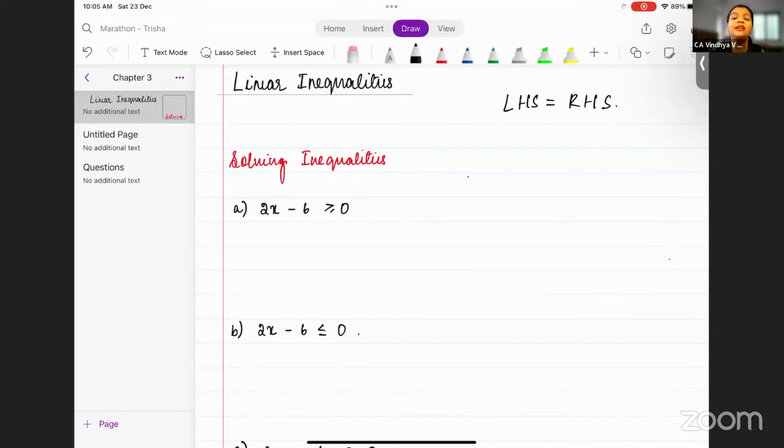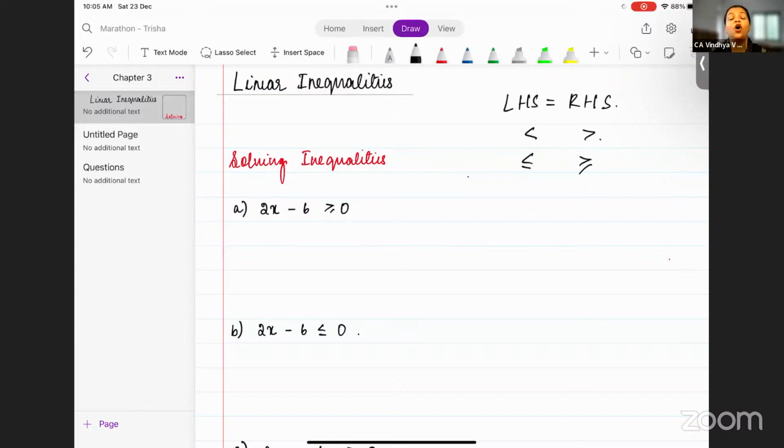So now what is inequality? Inequality comes into picture when the left-hand side and right-hand side are not equal to each other. That means it can be less than, or greater than, or less than or equal to, or greater than or equal to.